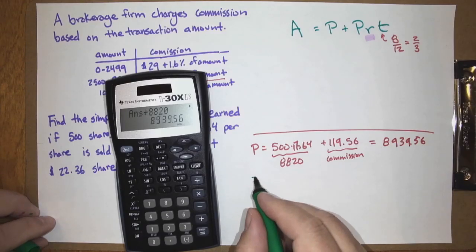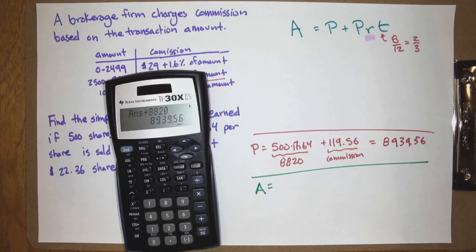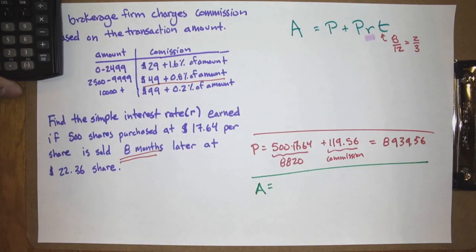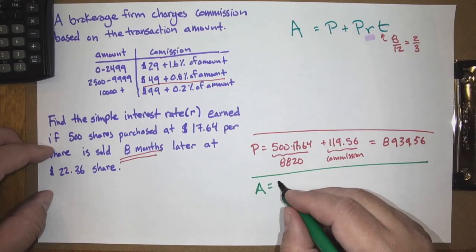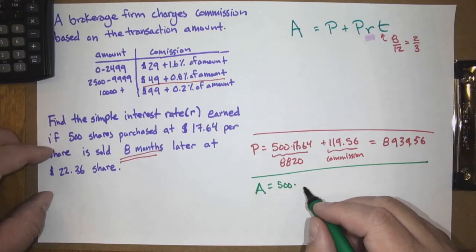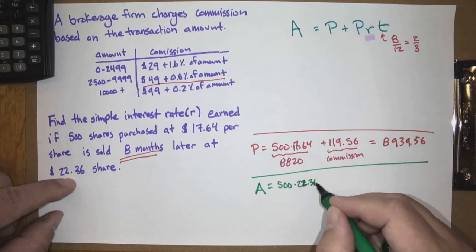Okay. Now, how much are we getting out? How do we compute that? We still have 500 shares, but now what's the price? $22.36.